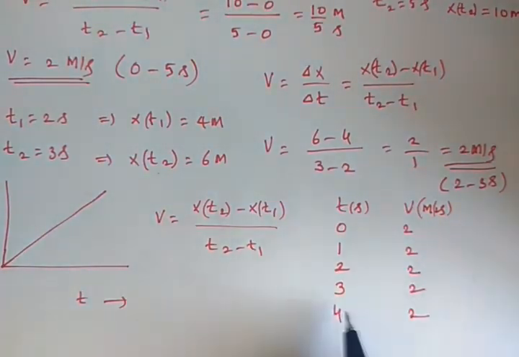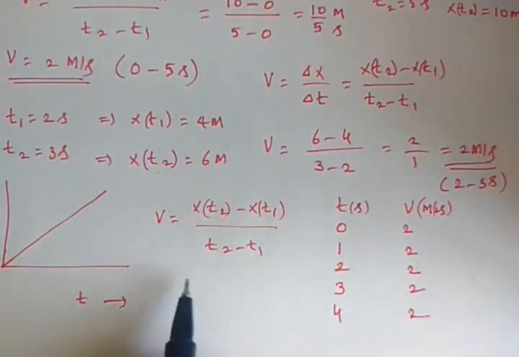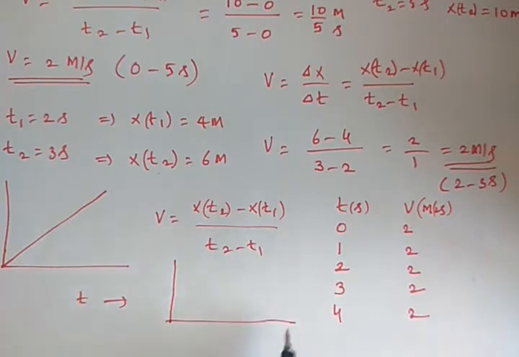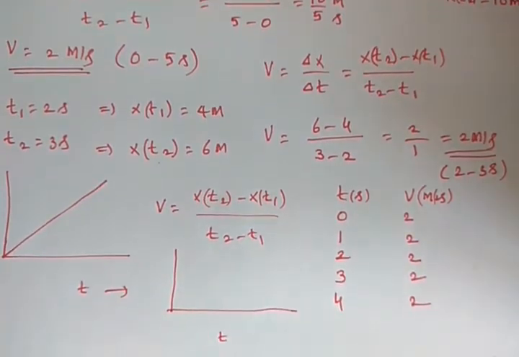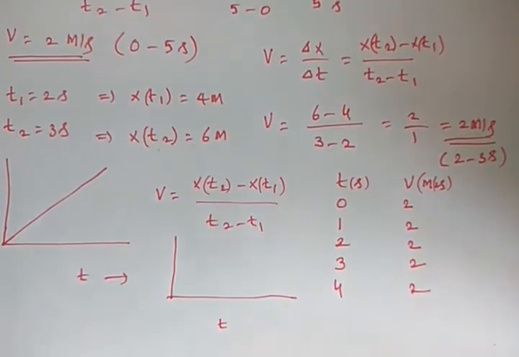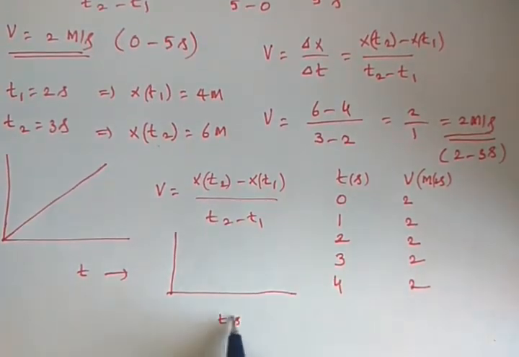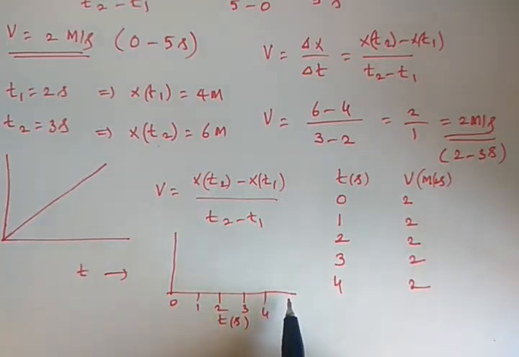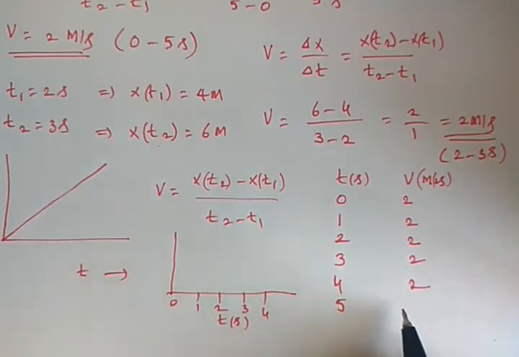So now if you draw the graph for this, this is time in seconds, 0, 1, 2, 3, 4, and you can even take the fifth second also, with the same velocity.